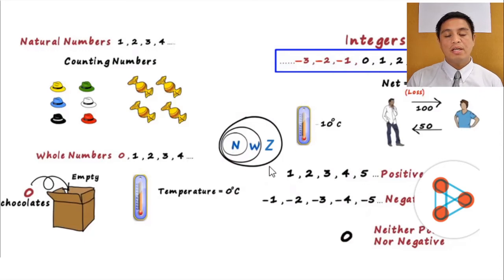So from this illustration, we could say that all natural numbers are whole numbers. And similarly, all whole numbers are integers.